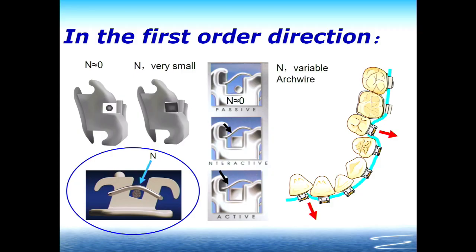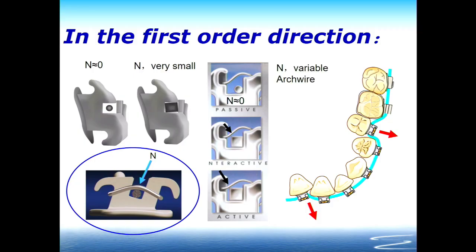But for the active self-ligating brackets, different archwire sizes will get different pressure. Here, small archwire, no pressure. Larger archwire increases the pressure.